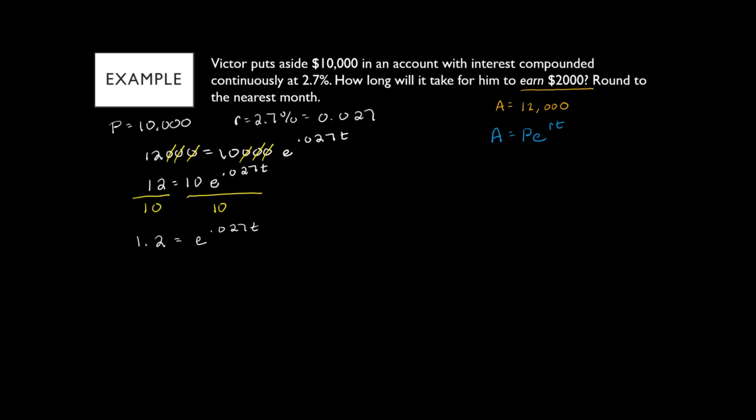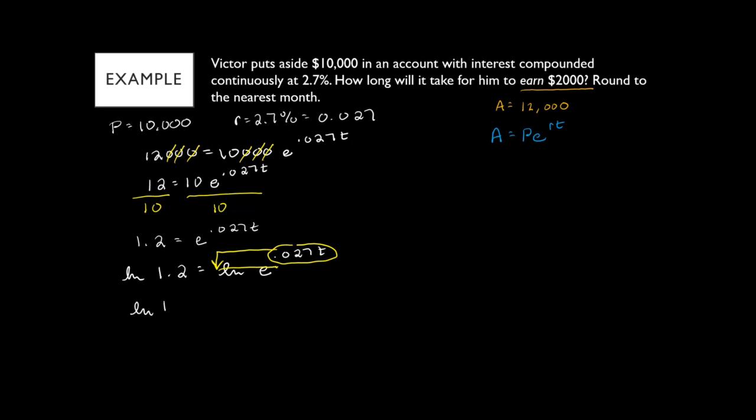So we've got e, so we're going to do the natural log. So you take the natural log of both sides. So I'm going to have the natural log of 1.2 equals the natural log of e to the 0.027 t. And our rules say that the natural log of e cancels, and our exponent would be in front there.